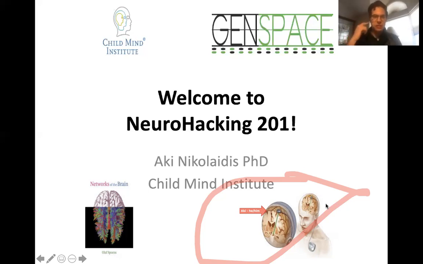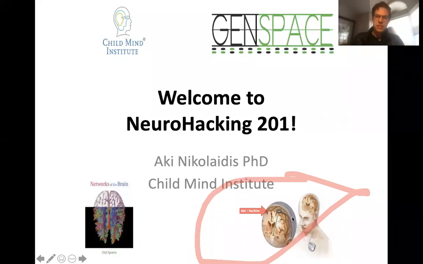Cochlear implants are implants into your ears that can help you hear. They're basically little microphones that relay the information they're receiving from the world and send that as neural signals into the brain, and people can hear as a result of that.